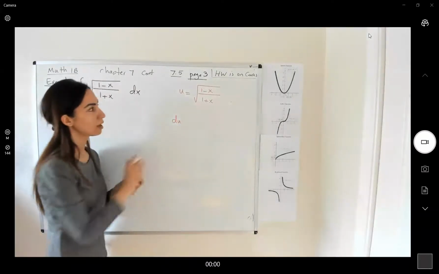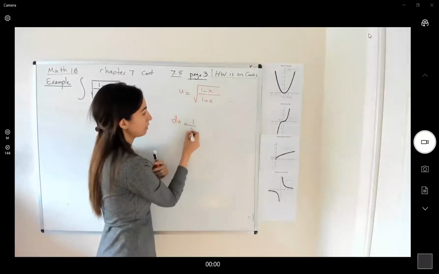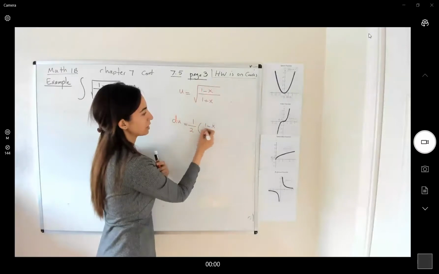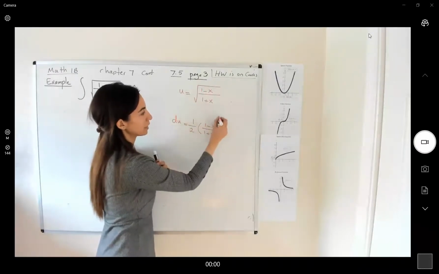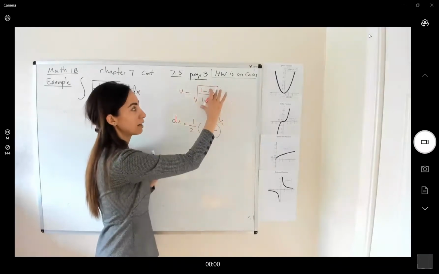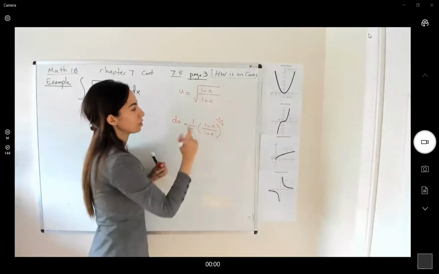First of all, here you have a radical. You can write it as a half times (1 minus x) divided by (1 plus x), raised to negative a half. And now you have to take the derivative of the quantity inside the radical.